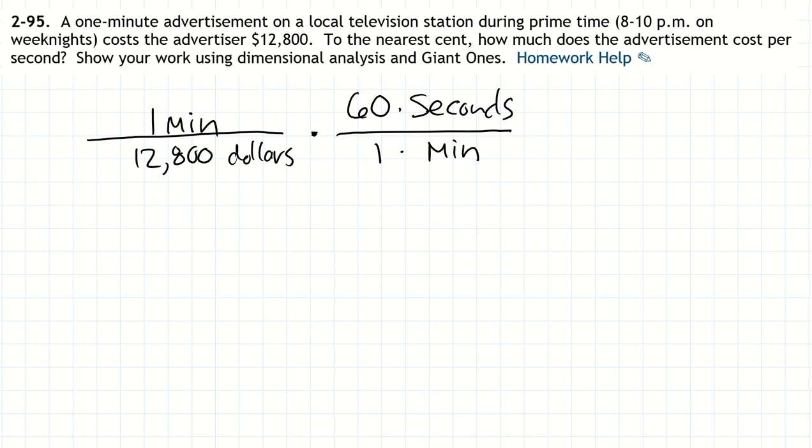So I'm not changing the quantity or the rate, I'm just changing the units. My minutes will eliminate with minutes, and now this answer is going to be how much it'll cost per second. And if I do the arithmetic here, it's going to be seconds per dollars.